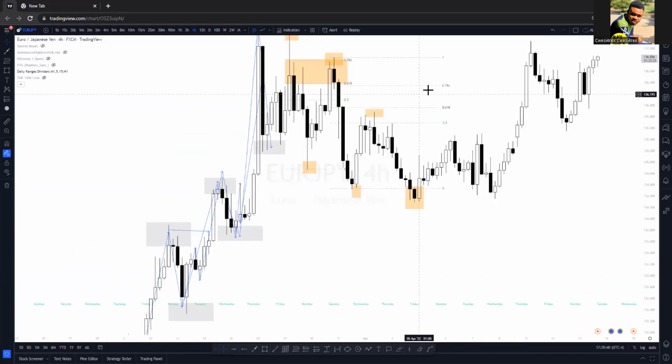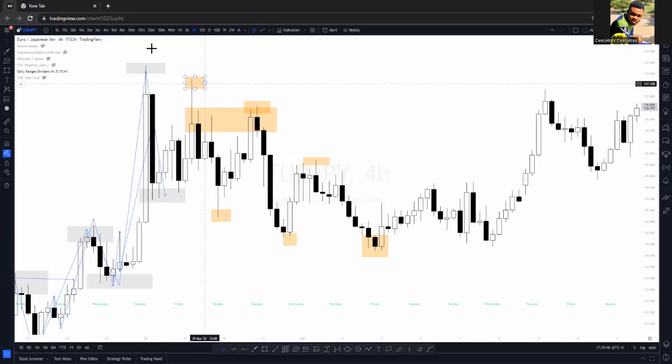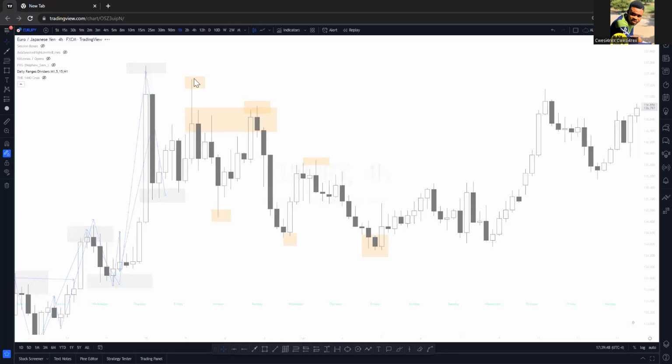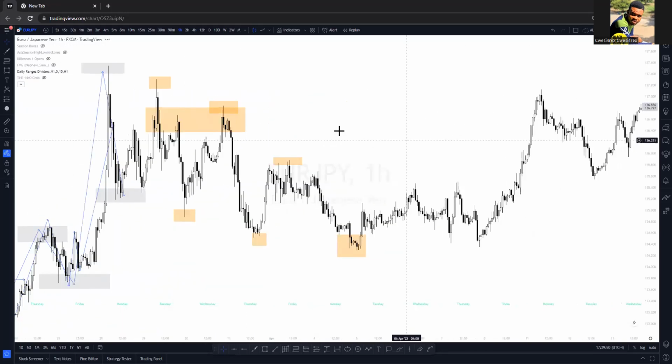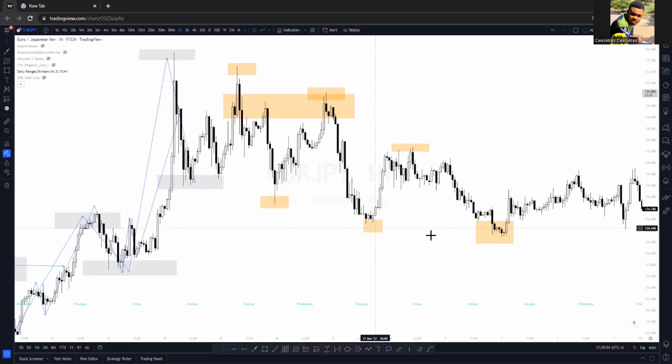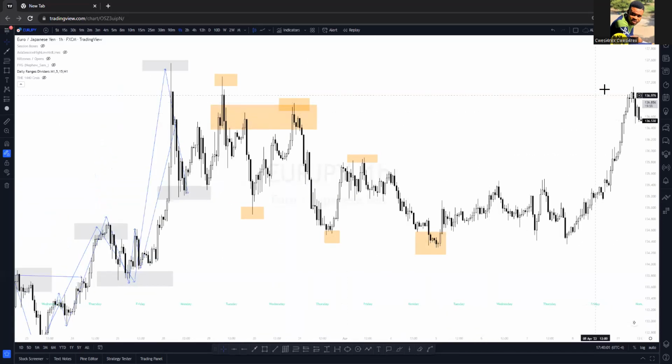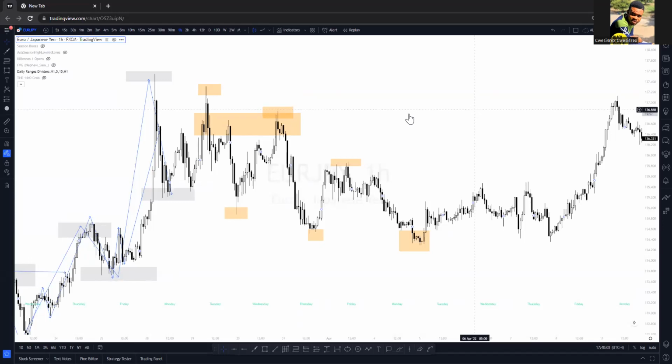Yes. So let's look within the H1 and see the complex pullbacks that we have inside. All right. So on the H1, you can see all this is our H4 market structure, right? Which is our lower highs and lower lows.